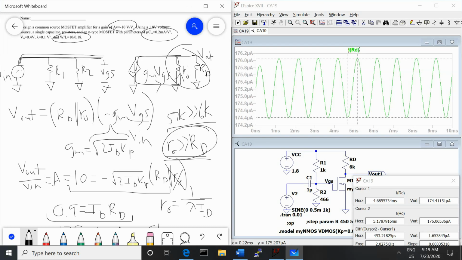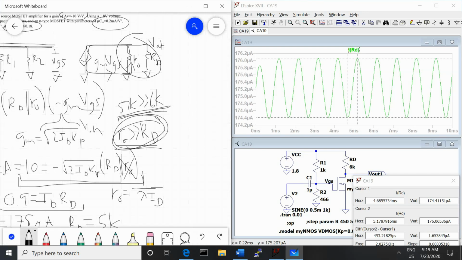So I went back and checked how this gain equation would have been different if we had included R naught and not neglected it, since this assumption isn't quite valid. And if we had included R naught in this circuit, we would have gotten that RD should have been 6K and ID should have been 0.15 milliamps.